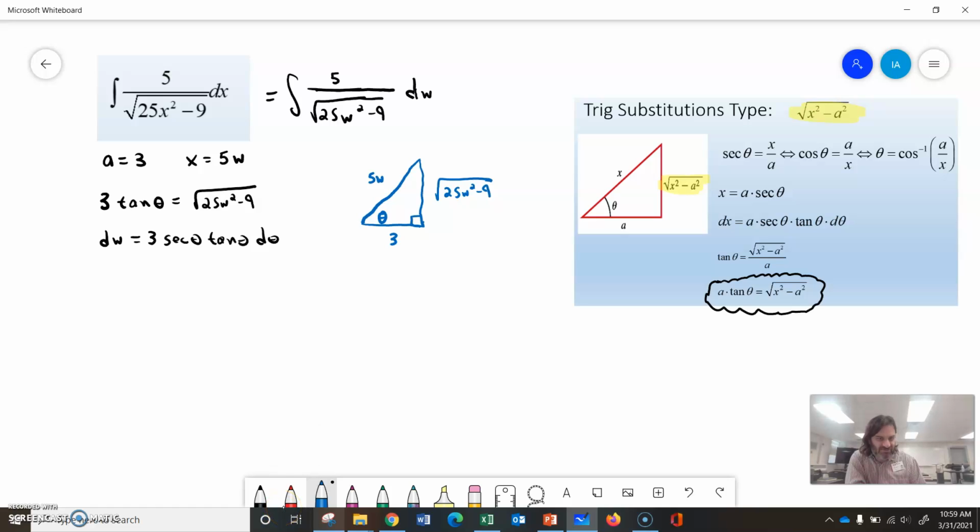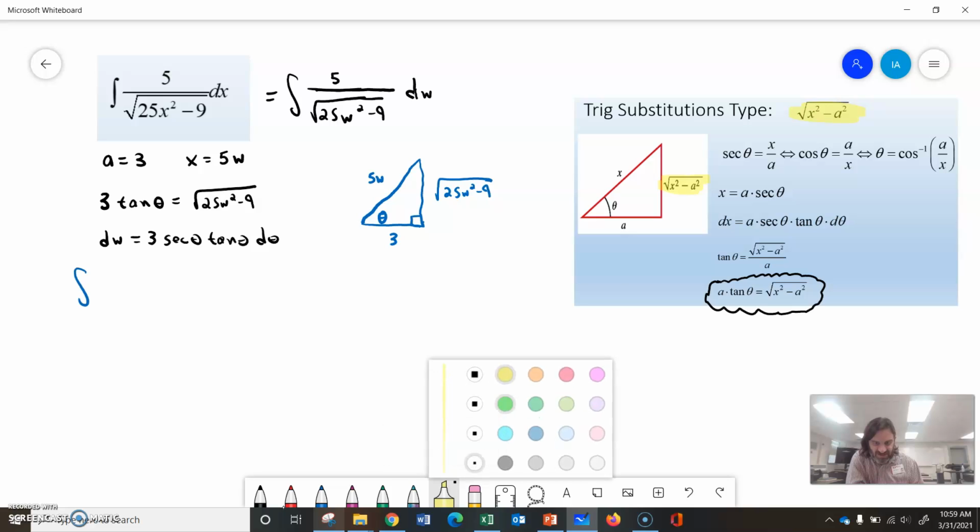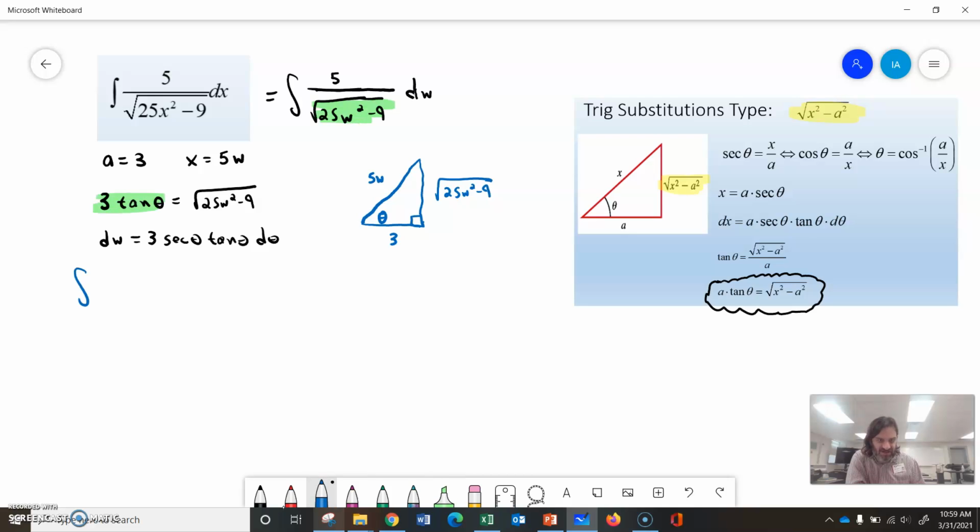So let's go change our w's to thetas. So what do we got? Let's match them up here. We've got our square root, which is going to be replaced with 3 tangents. So let's keep what we've got. So we've got 5 over 3 tangent of theta. So you can see where these things come from.